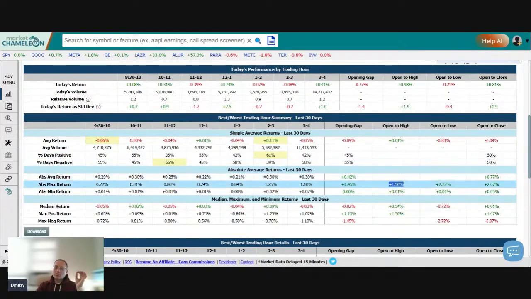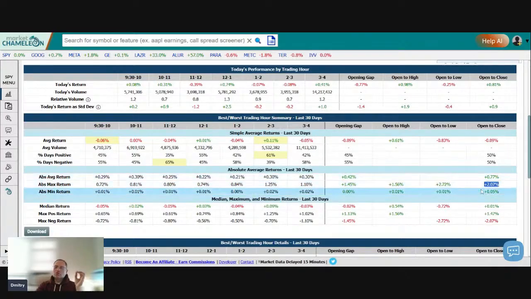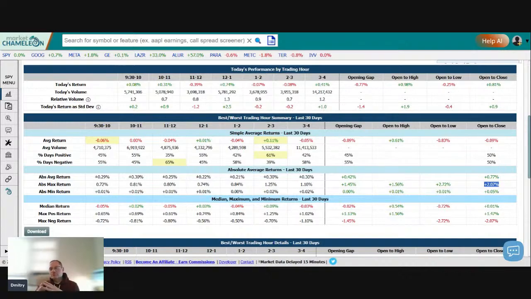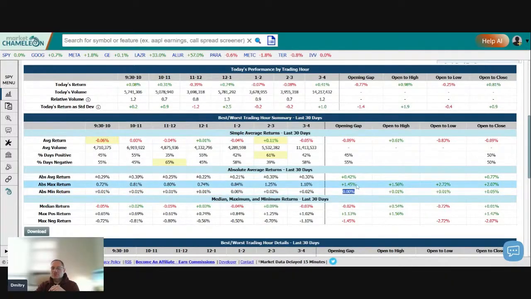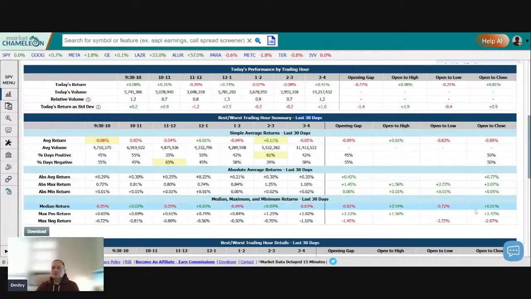This one's from the opening to the high, the opening to the low, opening to the close. We get a sense of how much potential movement there is. We get a max and min, right? The range from 0 to 1.45, from essentially 0 to 1.56%, 0 to 0.72. That's based on the last 30 trading days.